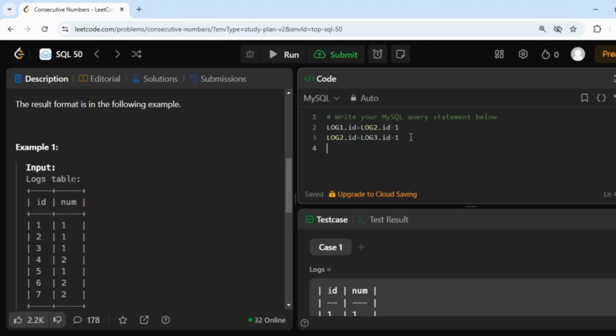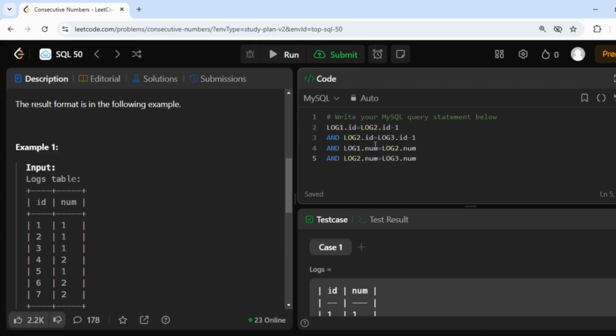Now I will type log1.num equal to log2.num, and here also I have to write AND, I missed that. And log2.num equals log3.num.